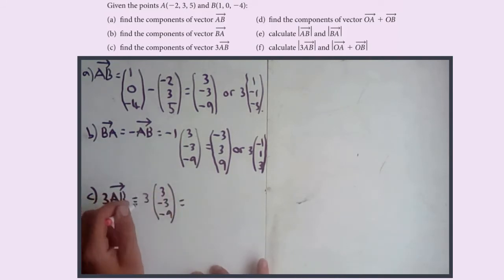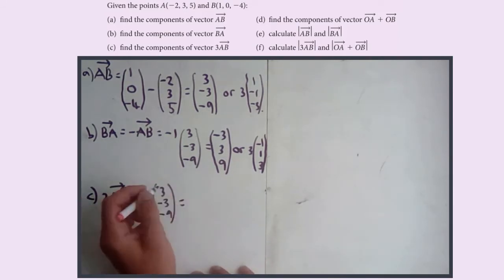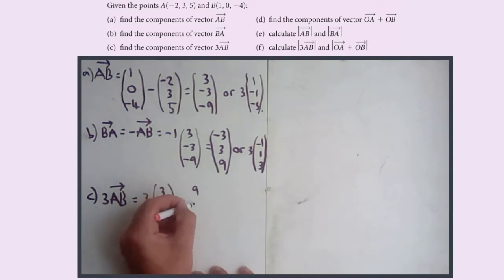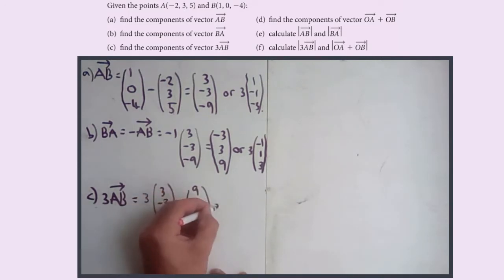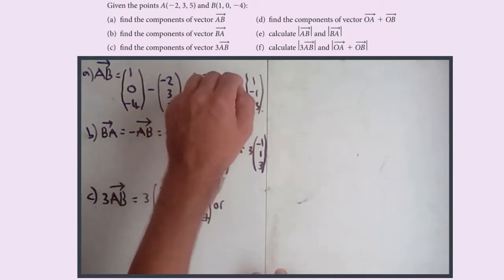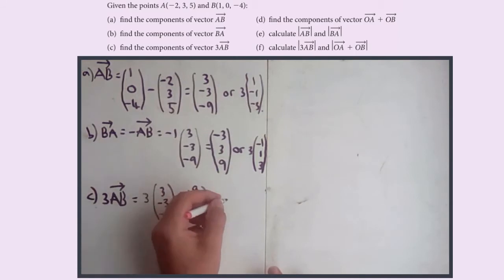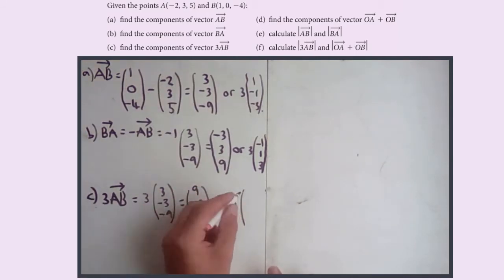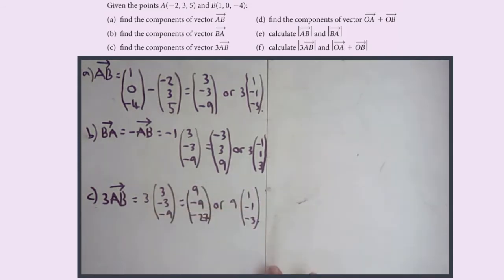So that would equal (9, -9, -27). Or, as I was saying, we could have just used this. If we multiply 3 by 3, that would be 9 times (1, -1, -3). Okay, 3AB.